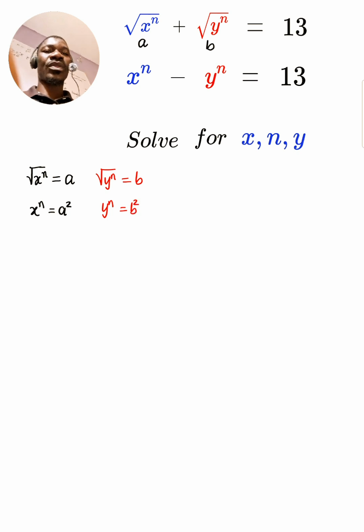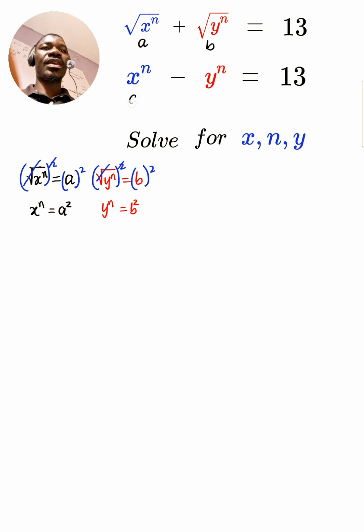You might be asking how. All we just need to do is to raise both sides by 2, and that is to help us clear off this radical, and the square will clear off the radical. Now the same is also applicable here, the radical clears off the square. So here we then have a plus b equals 13, and here you have a squared minus b squared equals 13.